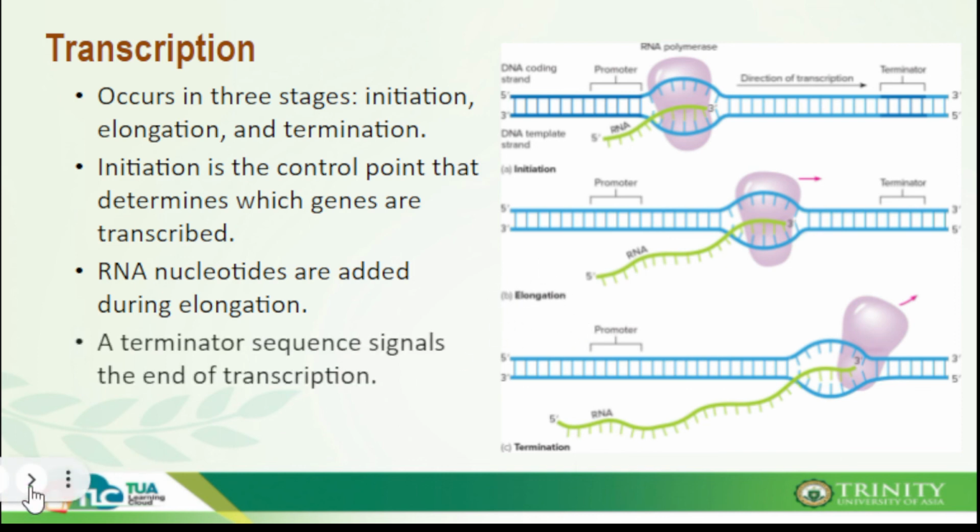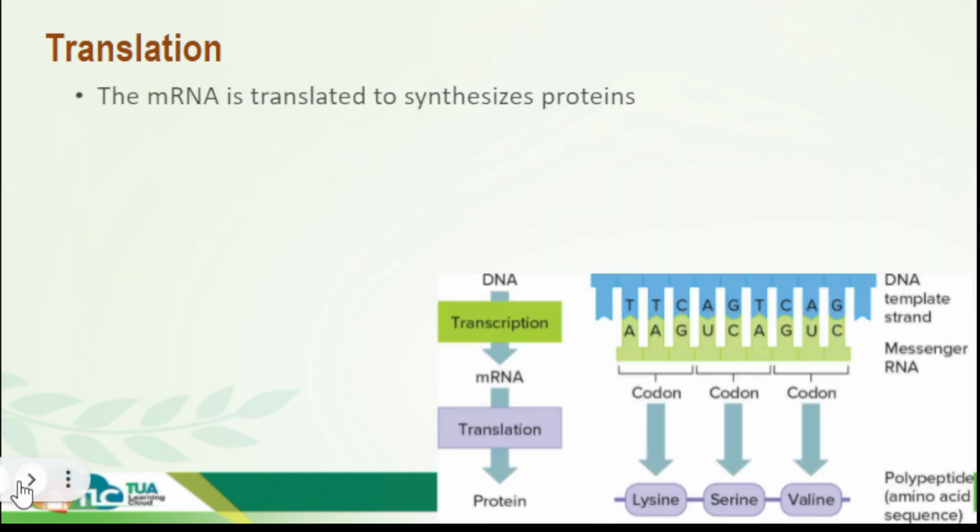And lastly, once matapos na, the RNA polymerase will encounter the terminator region, and that will send a signal to end transcription. Afterwards, the mRNA will exit the nuclear pore and will go to the cytoplasm and look for the ribosome. And that enters now into translation.